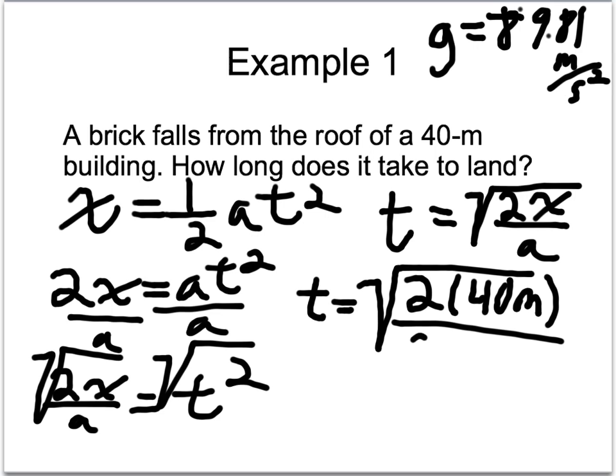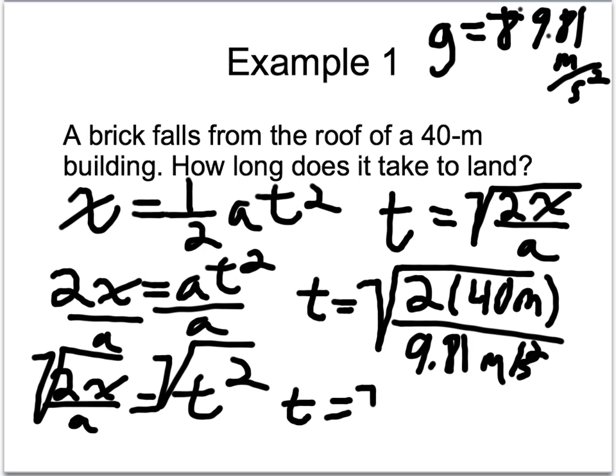Okay, so that's our a, 9.81 meters per second squared. Having a rough night. Okay, now t equals the square root of 2 times 40, 2 times 40 is 80, divided by about 10, so 80 over 10 is 8, so t is the square root of 8 seconds.